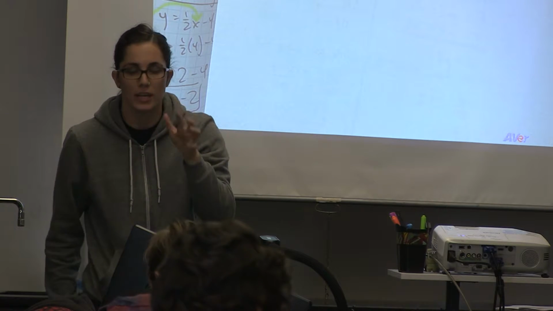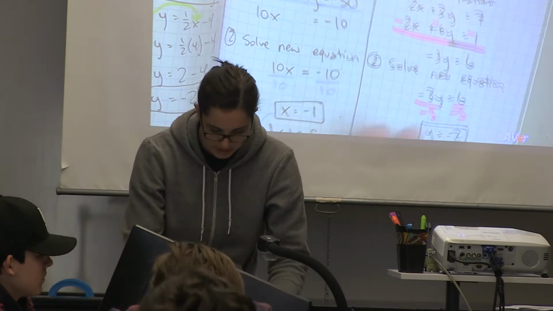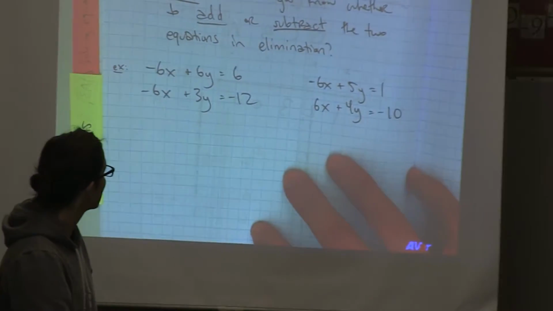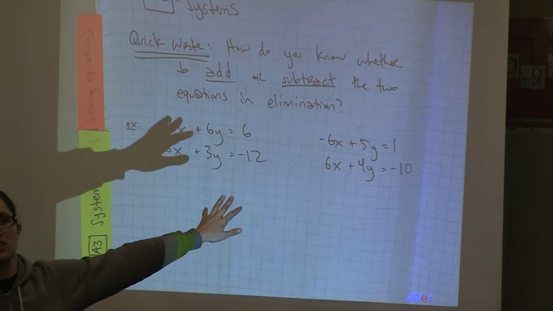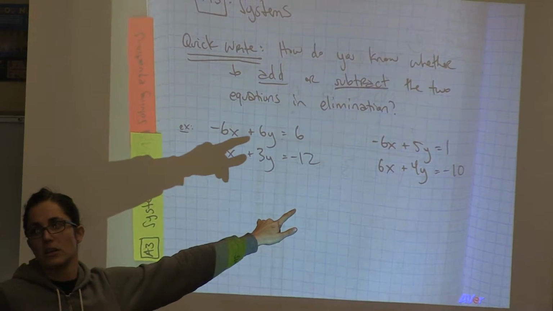Okay, so we need to add or subtract depending on if we're eliminating an x or a y. So then let's look back at these examples I gave you. Can we know whether I should add or subtract? Let's figure out first, do we know which variable is going to be eliminated?